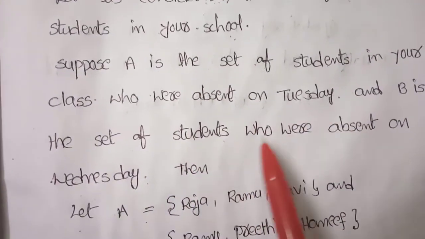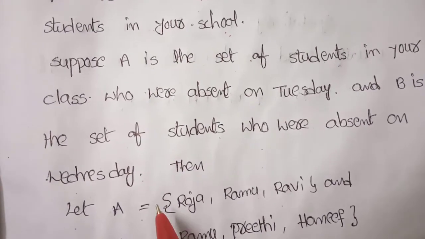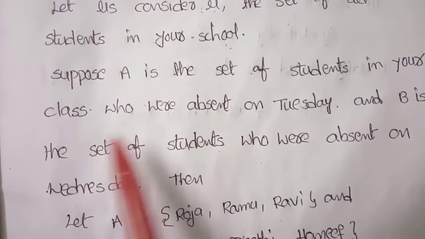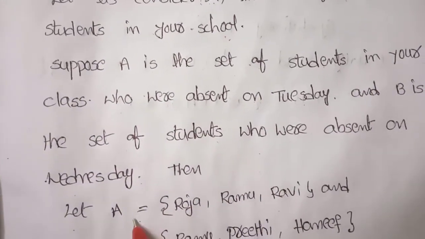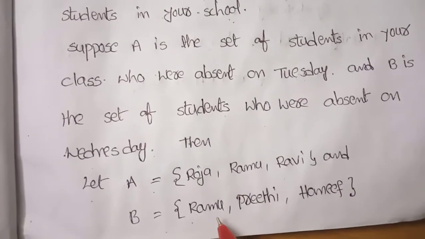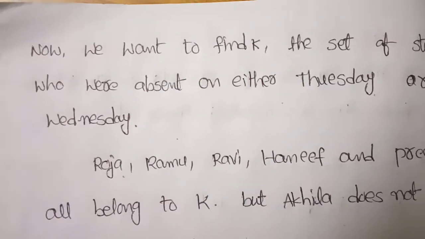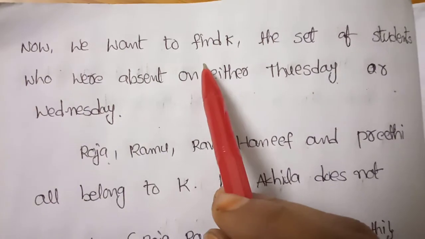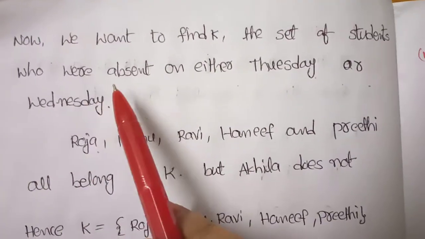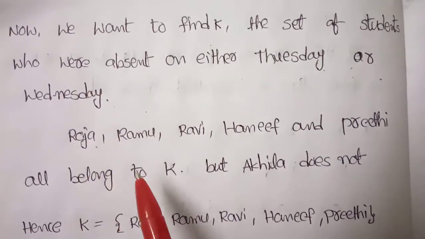Then let us take A. What is A? The set of students in your class: Roja, Ramu, Ravi. And B: Ramu, Preeti, Hanif. Now we want to find K, the set of students who were absent on either Tuesday or Wednesday.